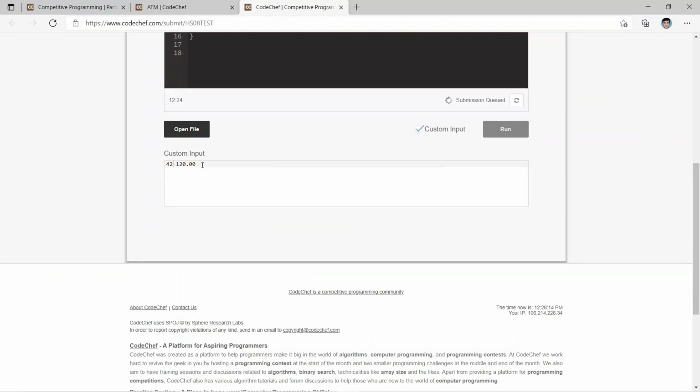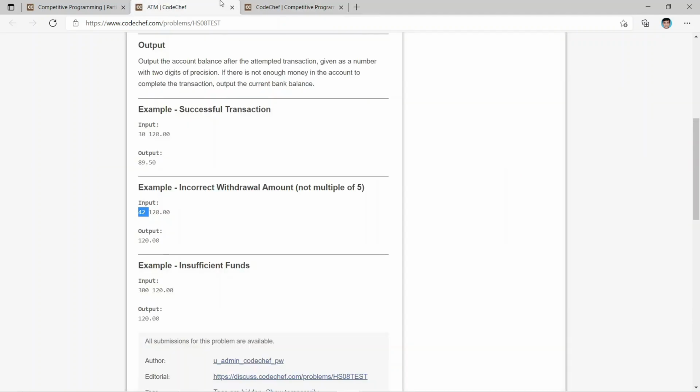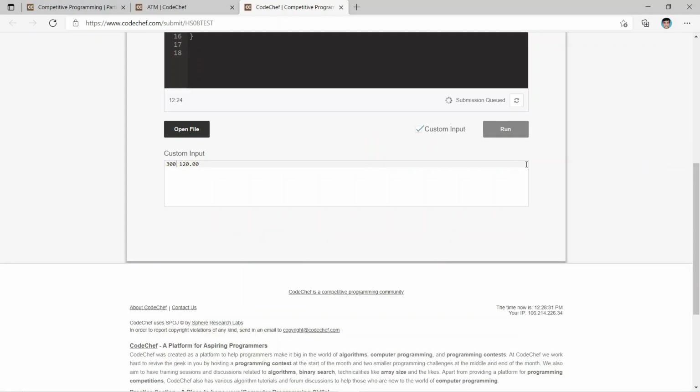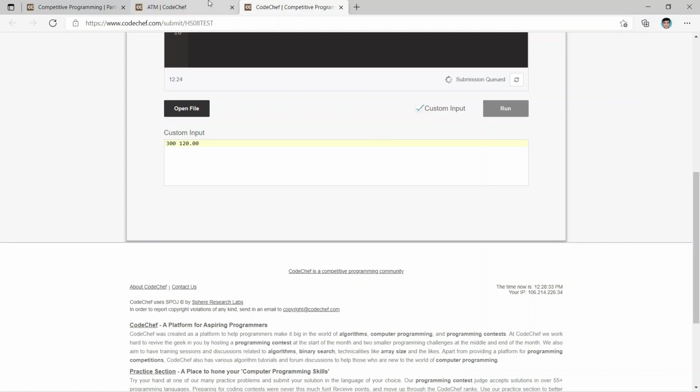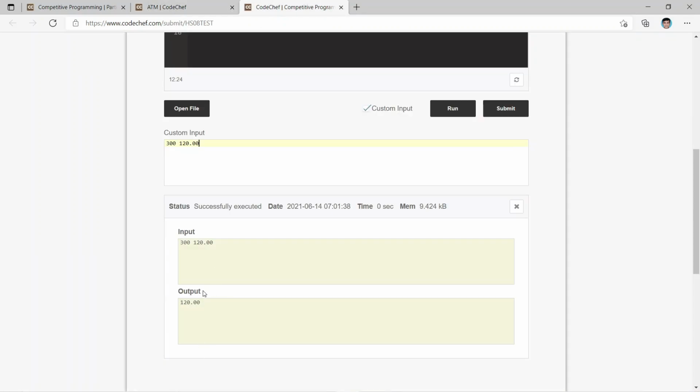As we see 42 is not divisible by 5, so again we want the current balance. And the last test case we also want to run, so change the 42 to 300 and let's see. In this output it is 120, so yes, we get it.